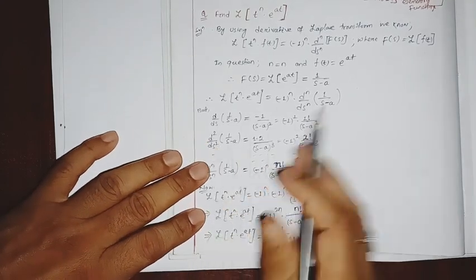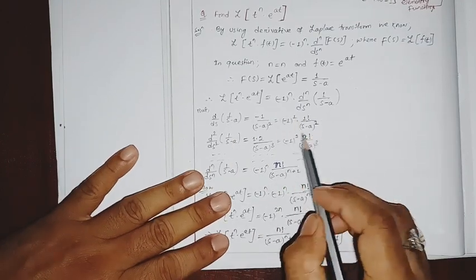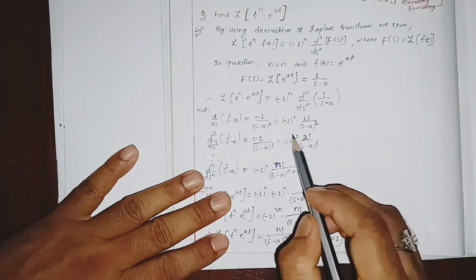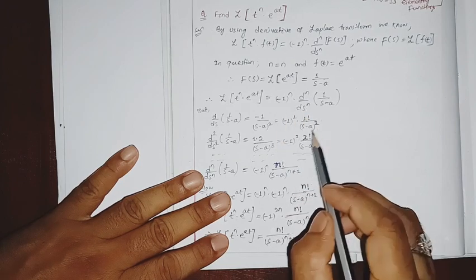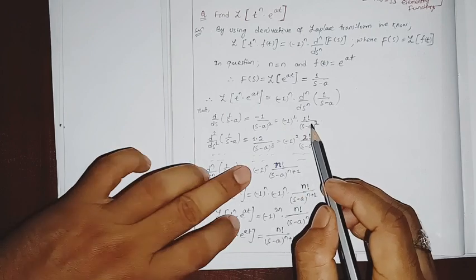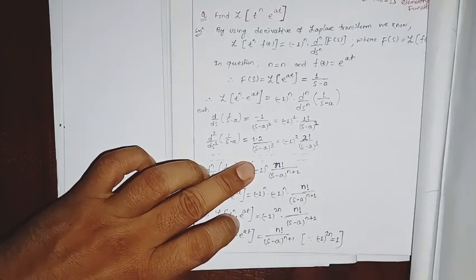Then the second derivative of 1 by s minus a. Already we found the first derivative, and the second derivative means another derivative of this one.